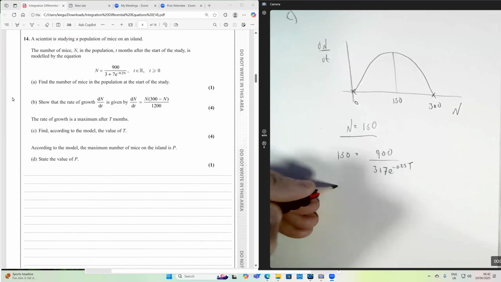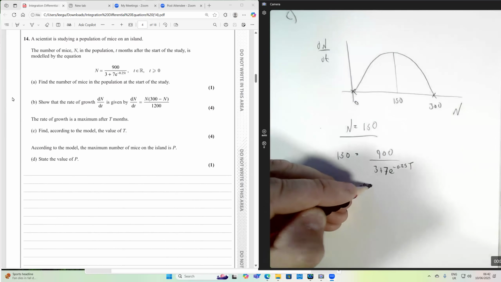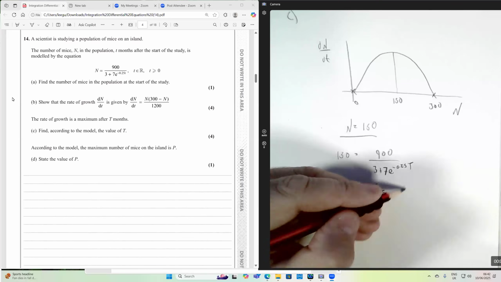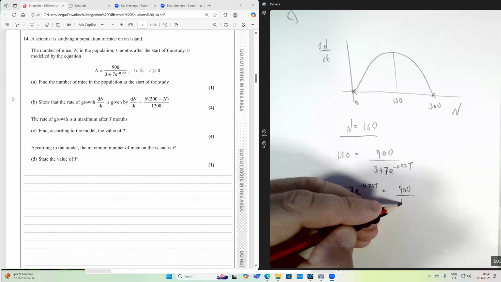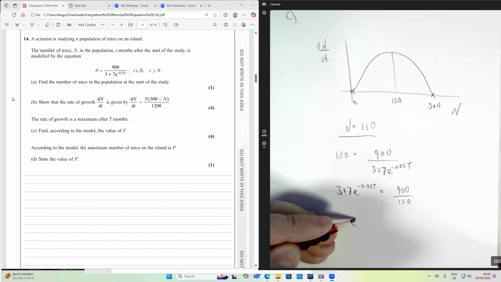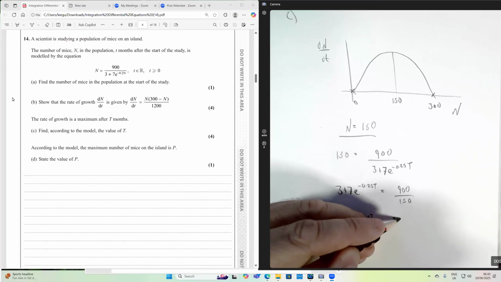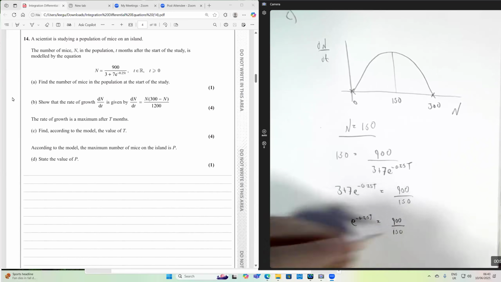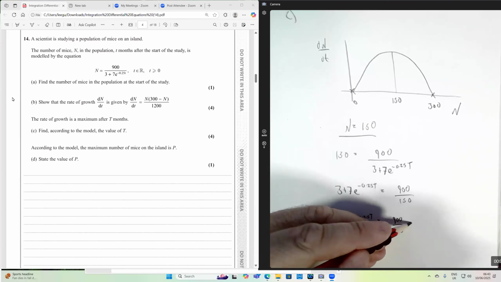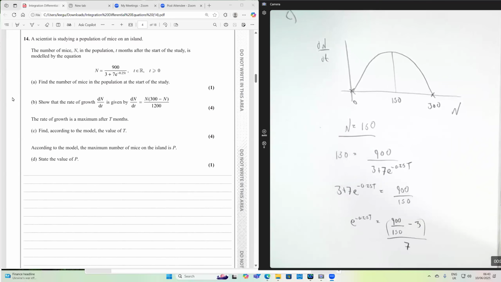We're just going to rearrange this in a similar fashion to what we've done earlier in the question. So 900 over 150. And then we're going to take away 3 and divide by 7. So e to the minus 0.25t is equal to 900 over 150, and we're going to subtract 3. And then that whole thing is going to be divided by 7.